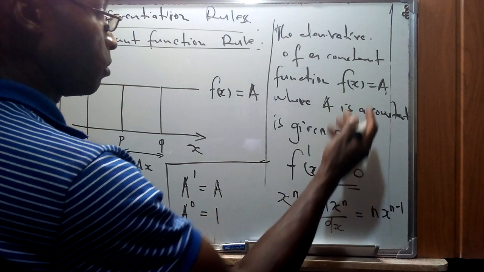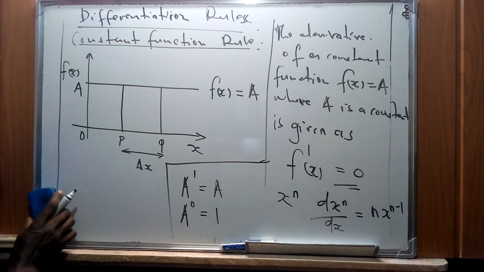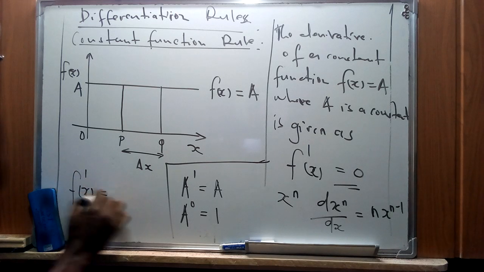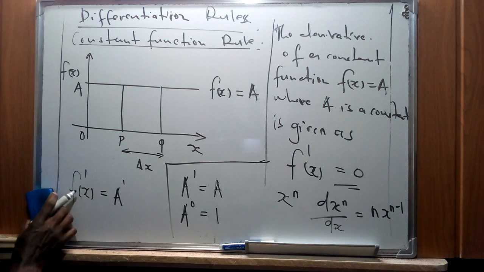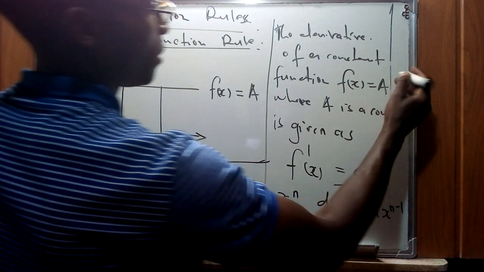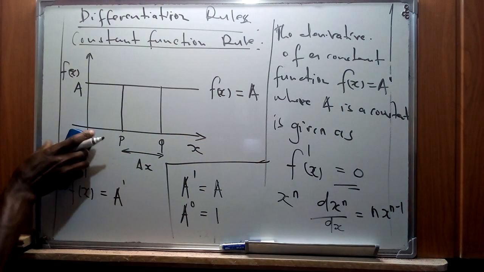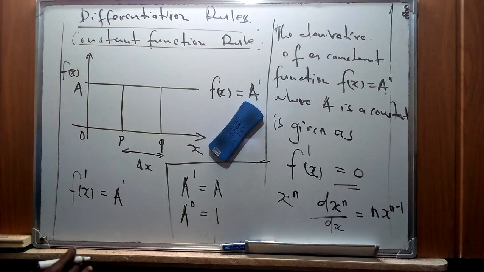Now if we are trying to do this differential using the power rule, then we can say that f prime of x is given as, if this a was initially given as a to the exponent of 1, a number to the exponent of 1 is that number, so that's why it's given as such.